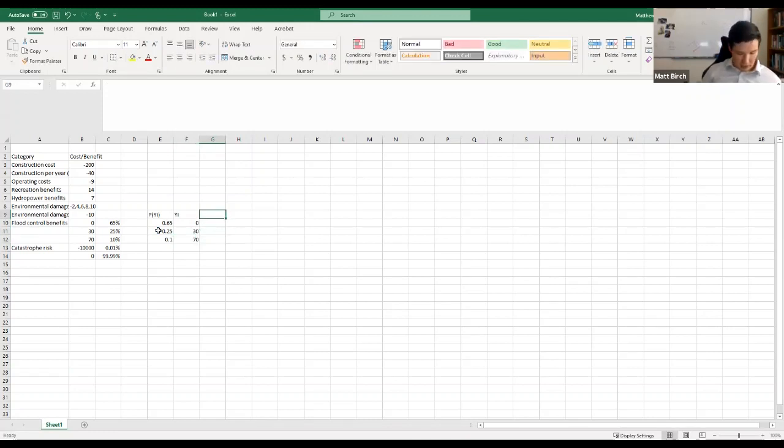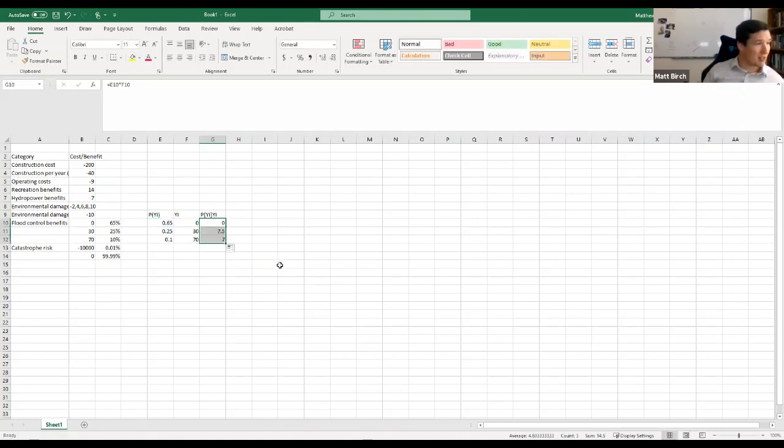So now I'm going to create the P of yi times yi's. And by the way, if you want me to do this handwritten, algebra style with the expected values, I have a video on that too. Go find it. But P of yi times yi is just equal to the probability of yi times yi.